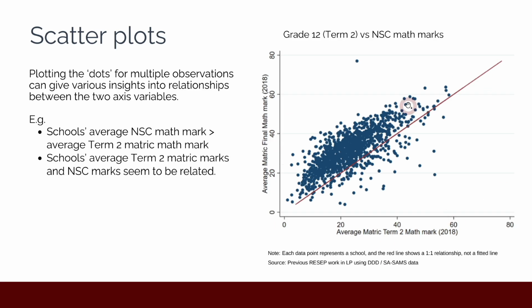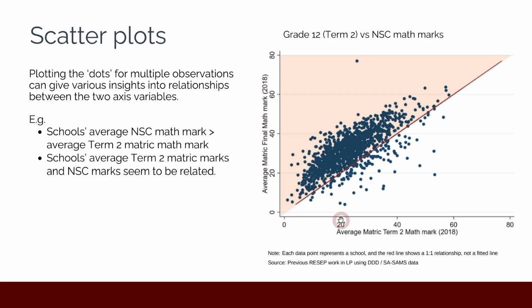What you can see over here is that, first of all, if you look at the red line, which is the line showing equality, a term 2 maths mark of 20 would correspond to a final NSC maths mark of 20 for the school. Most of the dots lie to the left or above that red line. What this tells us is that for most schools, their average NSC maths mark was higher than their average term 2 maths mark.